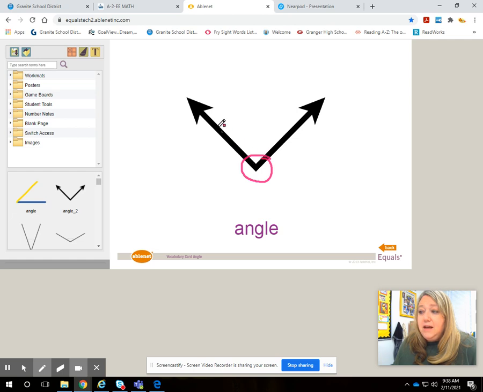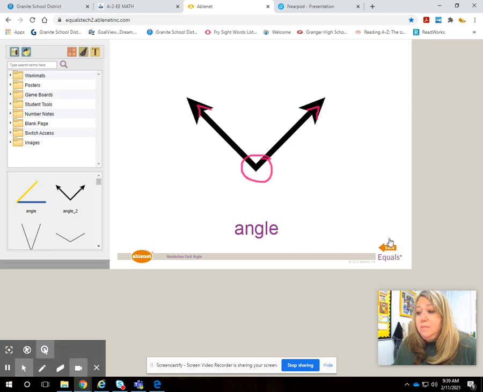At the vertex, and then these are two lines with the arrows up at the top. Okay, and that's how it is represented as an angle in mathematics. So today we're going to be learning about how we can actually use angles to draw that rectangle.